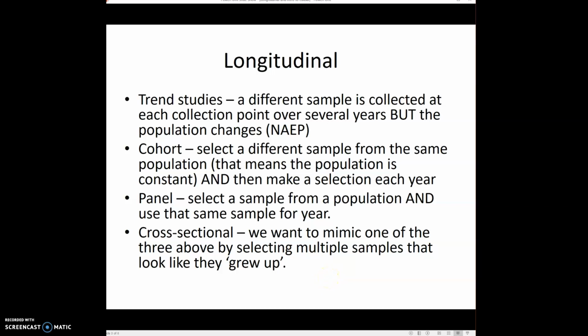And we're trying to compare them over the exact same measure like they grew up. And we could just follow them like we do in a panel, without actually having to follow them. This has a lot of downsides to it because you're losing some growth in terms of those people actually changing. You're assuming that everybody's changing at the same rate.